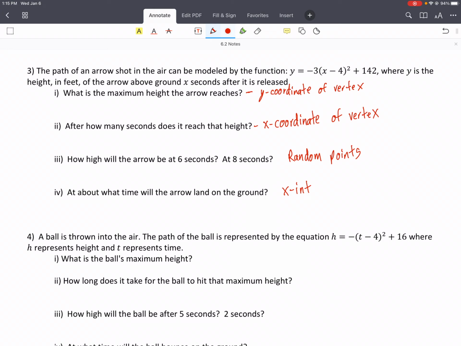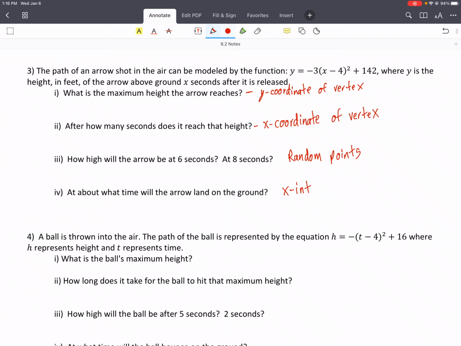So we go ahead, whichever calculator you have. If we're looking at our graph, it's concave down, so we're going to use the maximum function. So we go maximum. If you're using a TI, you got to go to the left of it, to the right of it, guess where it's at.